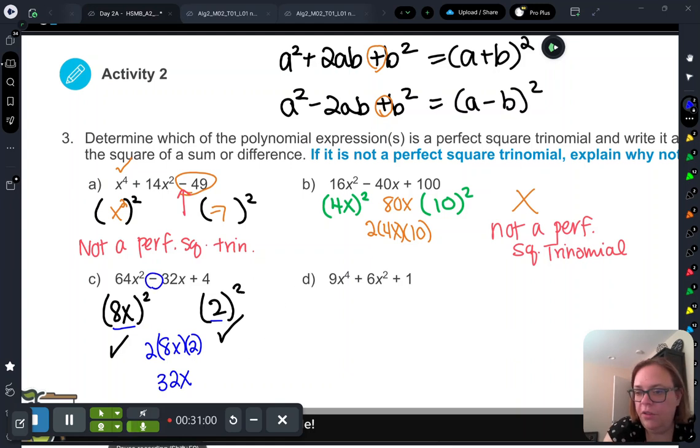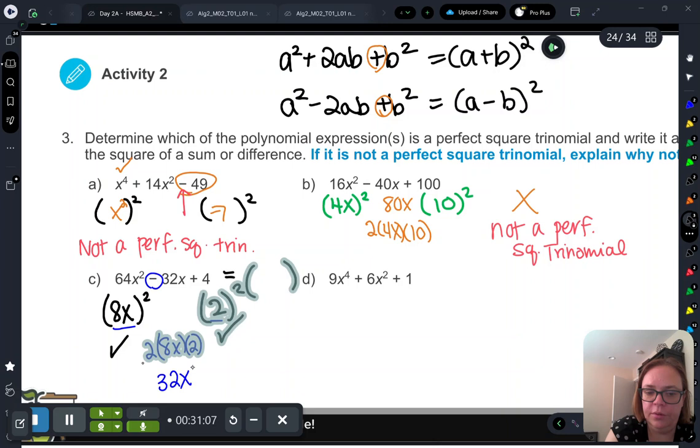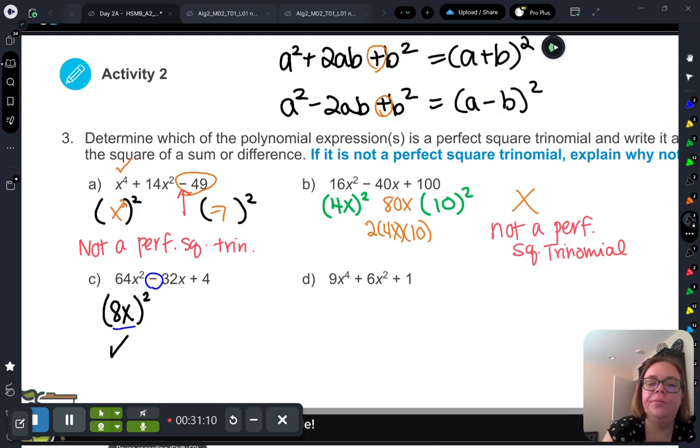So now to factor it, it's going to have a minus in the middle. You're going to put the 8x here, and then remember it was a 2 squared and a 2.